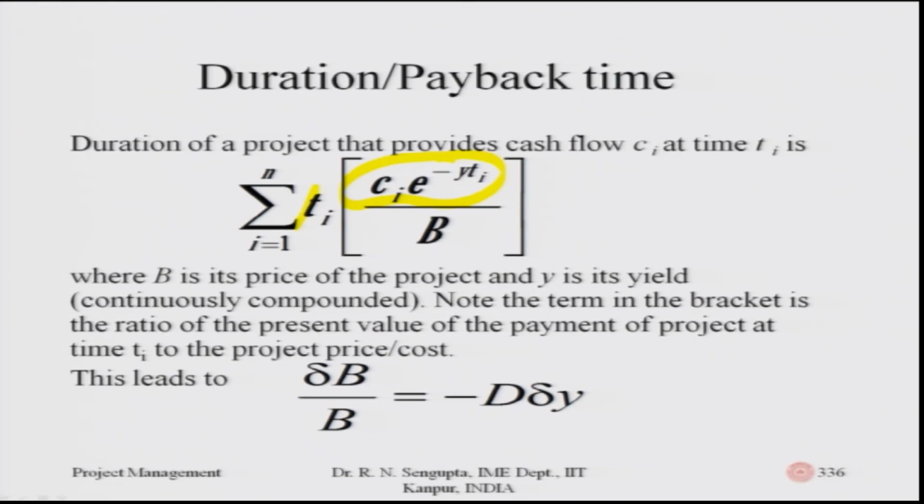The terms inside the bracket are rupees to rupees. In the numerator you have rupees, in the denominator you also have rupees, so that cancels. Outside the bracket is T. So, I am able to find the weighted sum of the times, where the weights come from the net present value divided by the value B of the project.